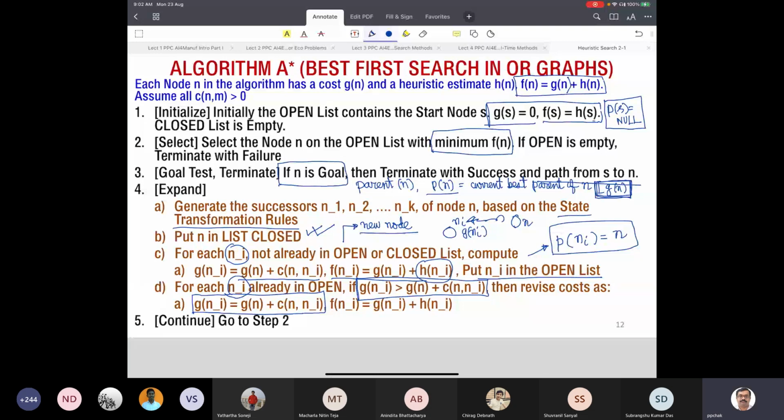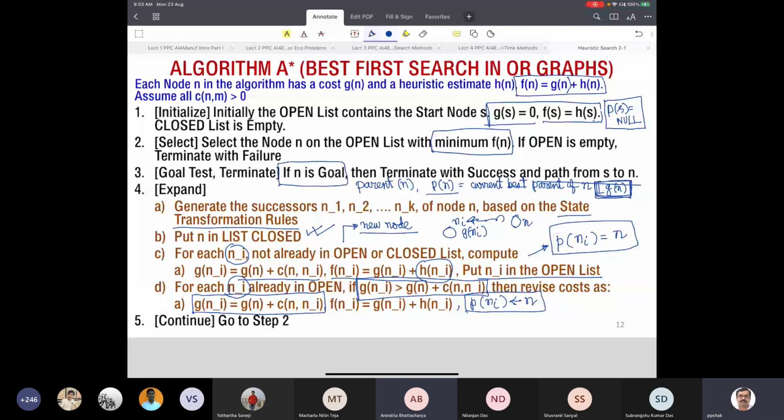So you would update Gni to Gn plus C(N, Ni). If Hni is already computed, you don't want to compute it again, but you would have to recompute Fni because Gni has changed. What else would you have to recompute? Parent pointer. Correct. Pni will now become N. Whatever it was, it will change to N.